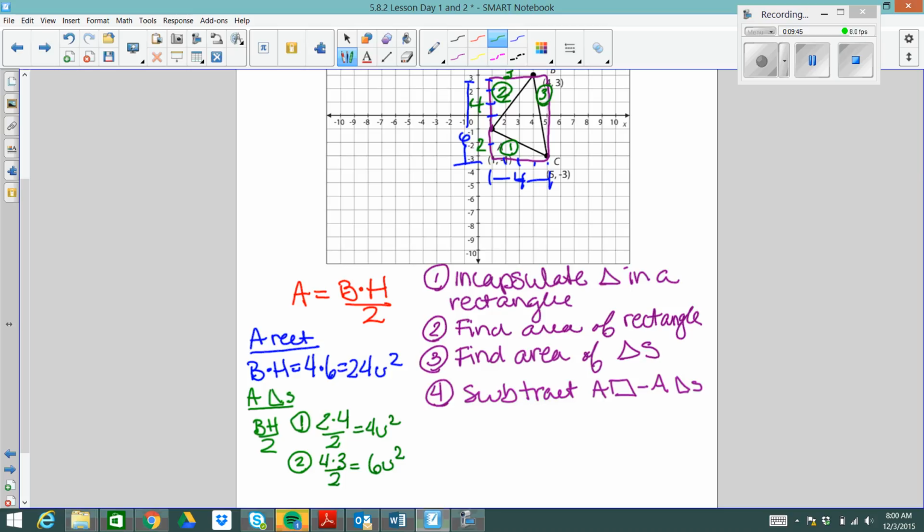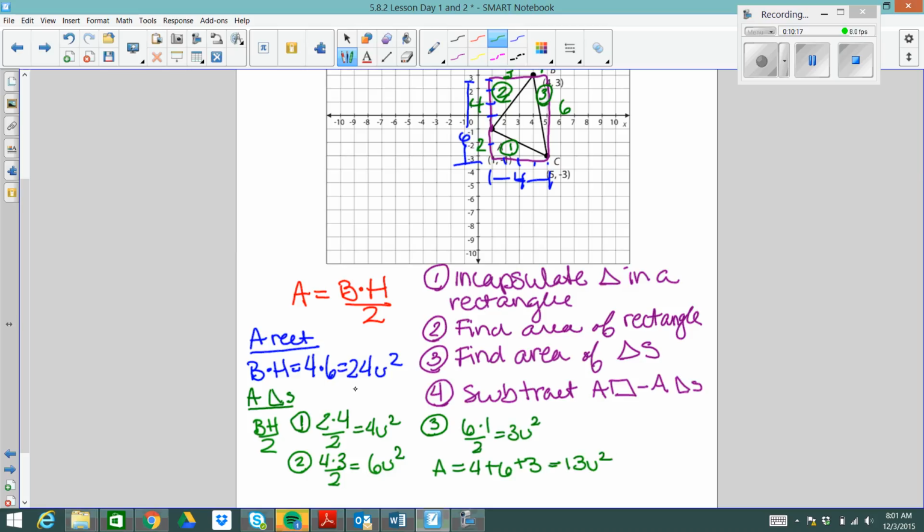Our third triangle has a base of 1 and a height of 6. So base times height divided by 2 gives us 6 times 1 divided by 2, which is 3 square units. So our total area of our triangles is 4 plus 6 plus 3, or 13 square units.